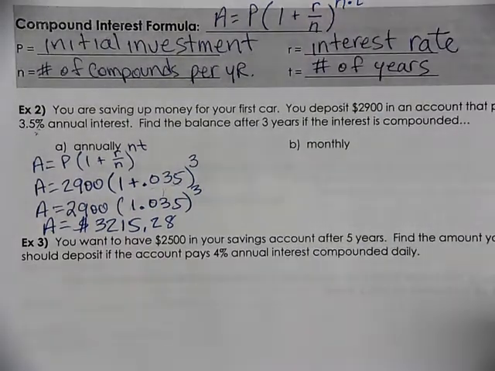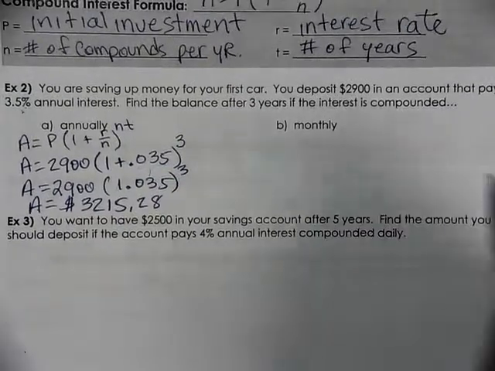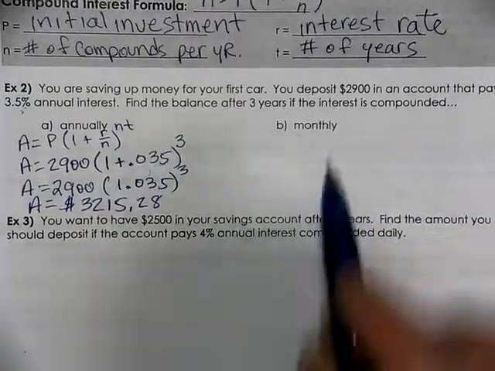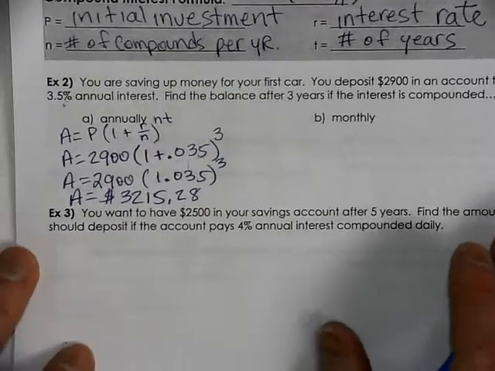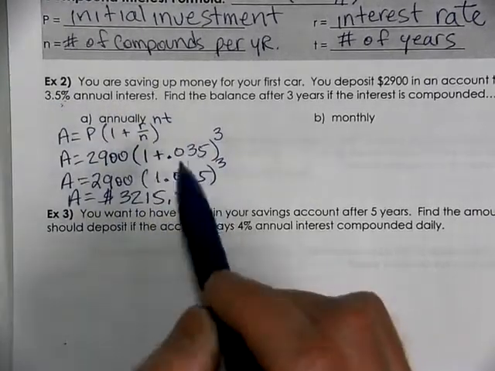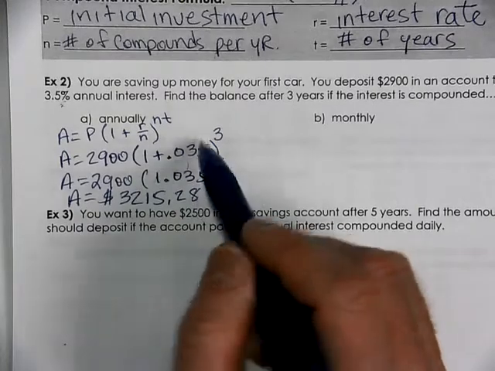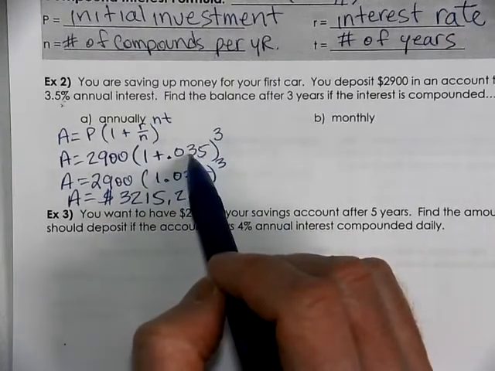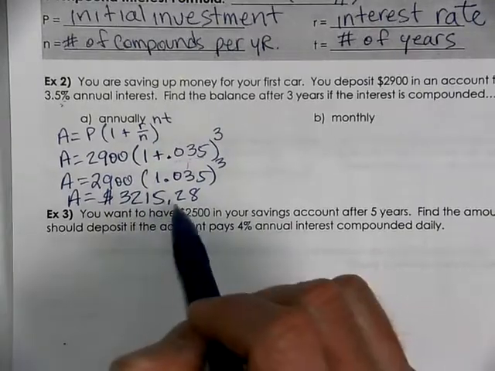Now, where we really get into this compound interest is what happens if the bank gives us money more often than just once a year. Over here, this is assuming that we get our 3.5% at the end of the year, all thrown into our account at once.